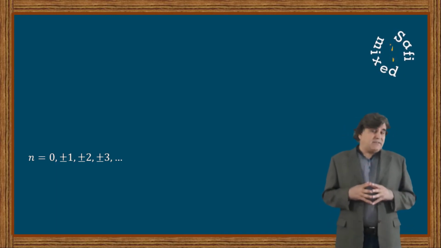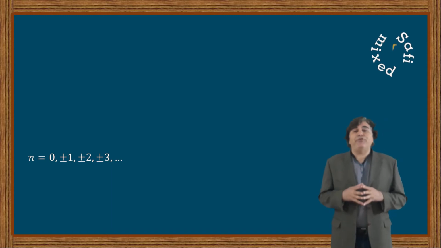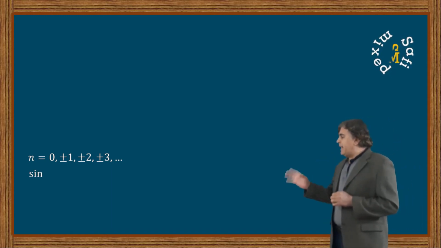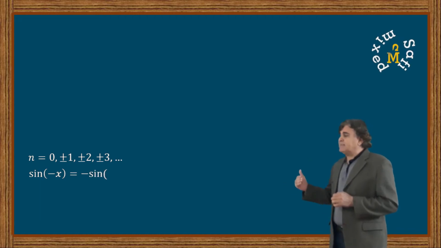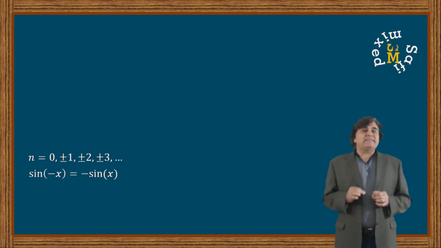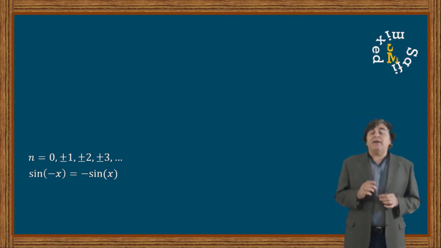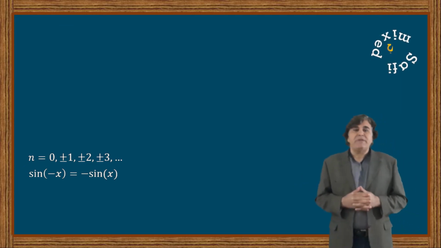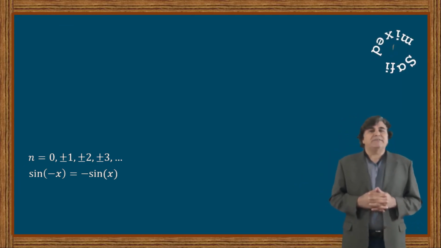But for the sine function, we have another condition, that is sine of minus x equals minus sine of x. The overall minus sign on a wave function like on the right side of this equation is called a global phase.